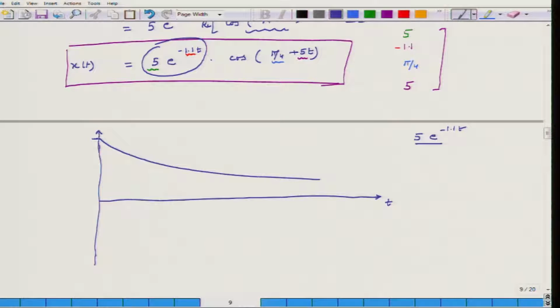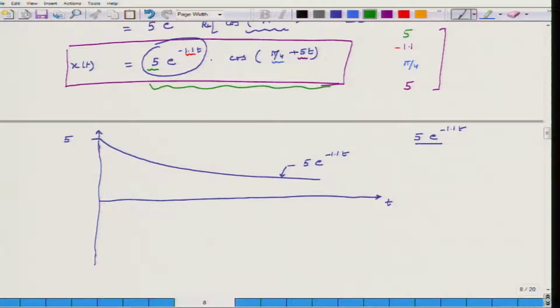So, this value is 5, and this is the plot for 5 e to the power of minus 1.1 t. The other graph we are going to plot is for this entire term xt.